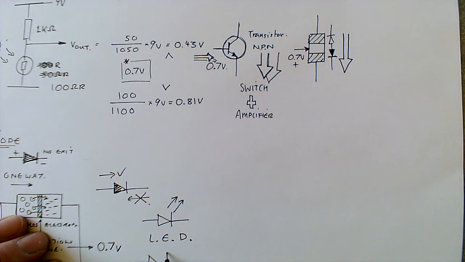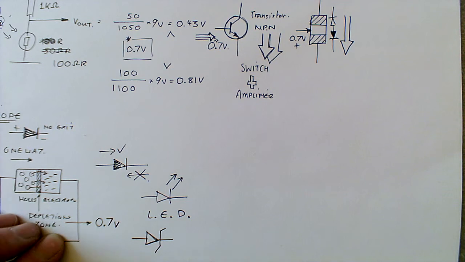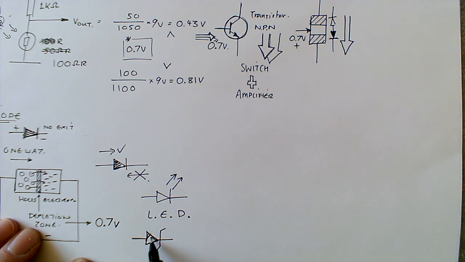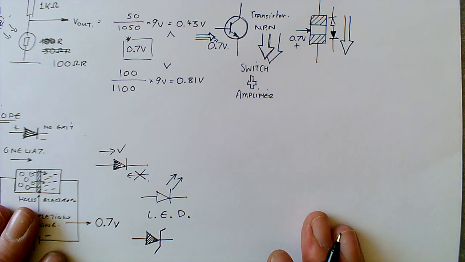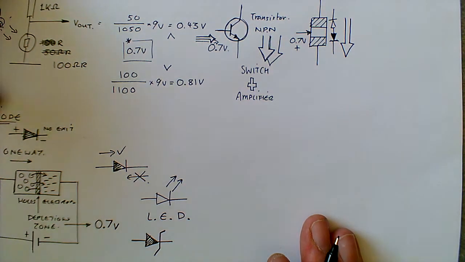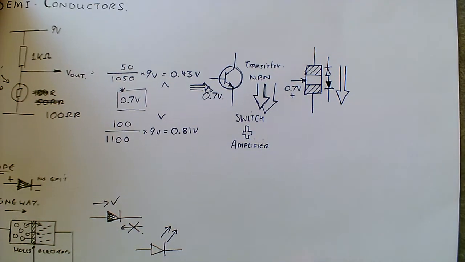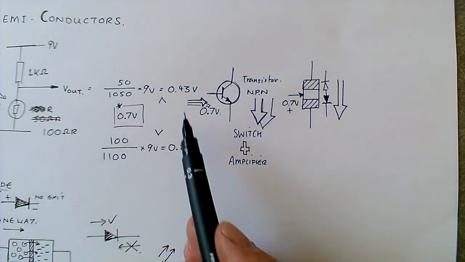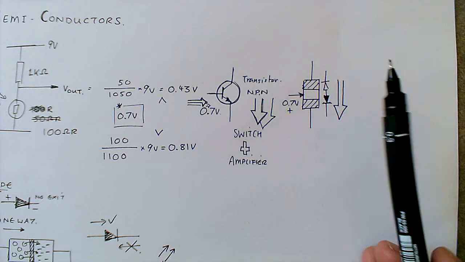And later on in the course, we'll also be looking at Zener diodes, which is quite a sophisticated application to do with controlling voltage and voltage regulation. But right now we'll just focus on how this transistor can be useful.